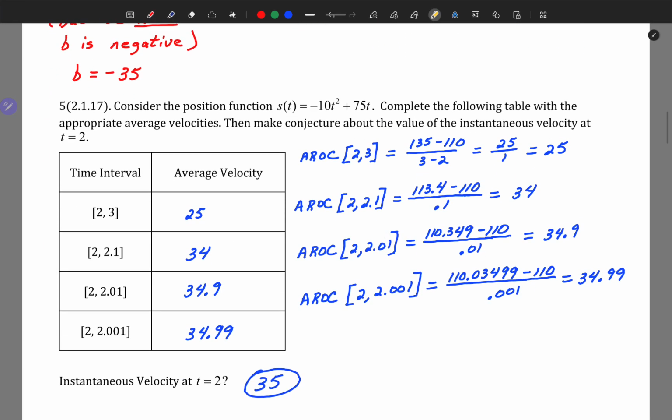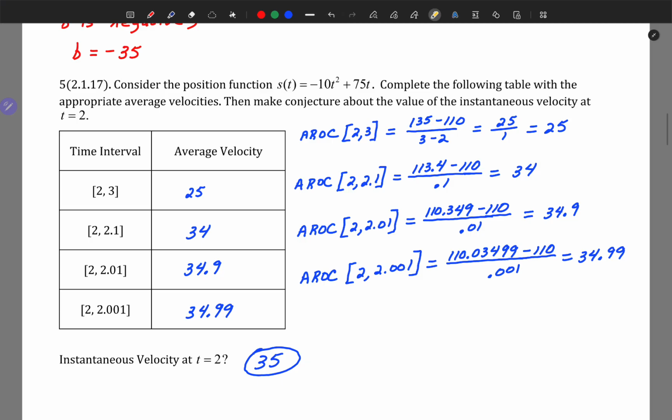For the next problem, this is the one where I'm wanting you to be able to make conjecture or understand what an instantaneous velocity is at some instant in time, given an average rate of change over an increasingly smaller and smaller interval.